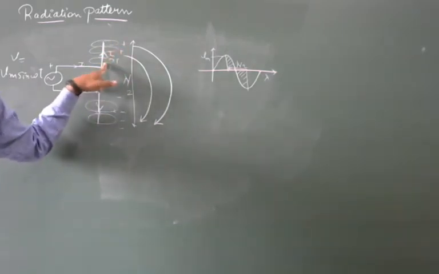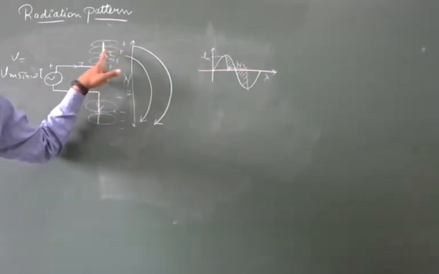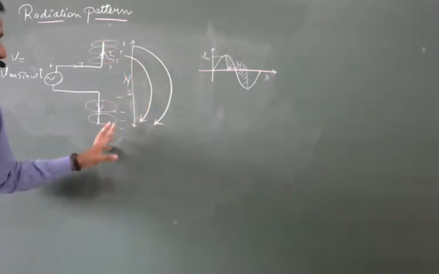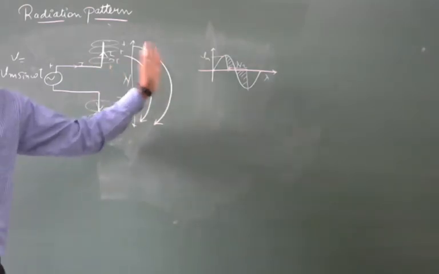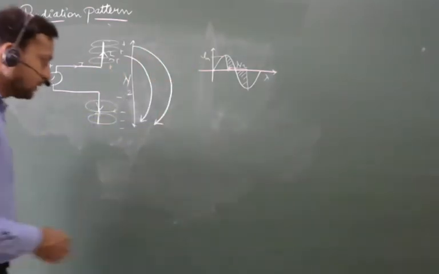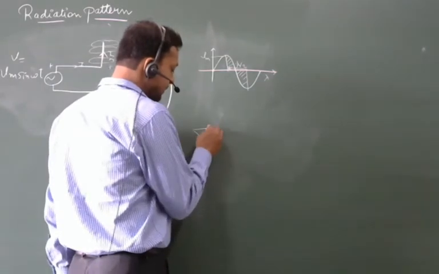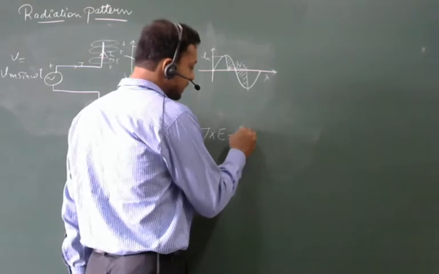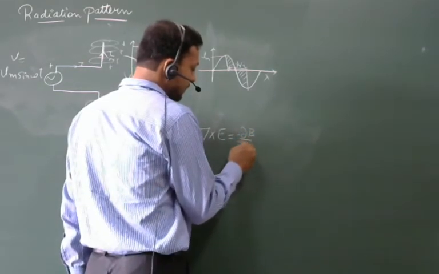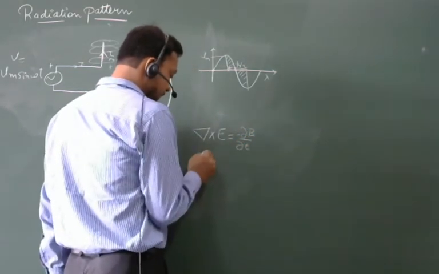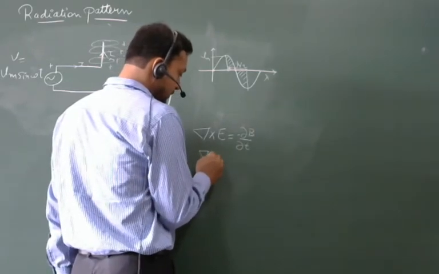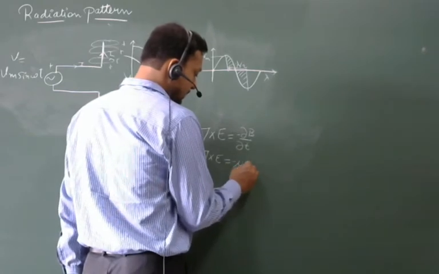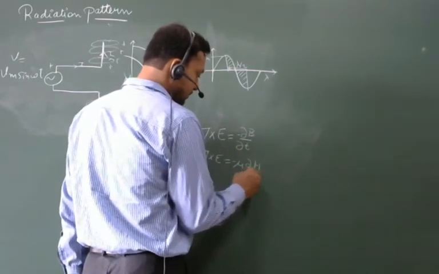This varying current creates a variable magnetic field, and this variable magnetic field results in shifting of the electric field. From the Maxwell equations, we have two important equations: del cross E is equal to minus del B upon del t, which can also be written as del cross E is equal to minus mu del H upon del t.